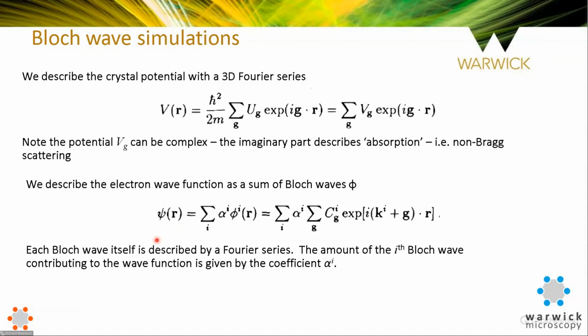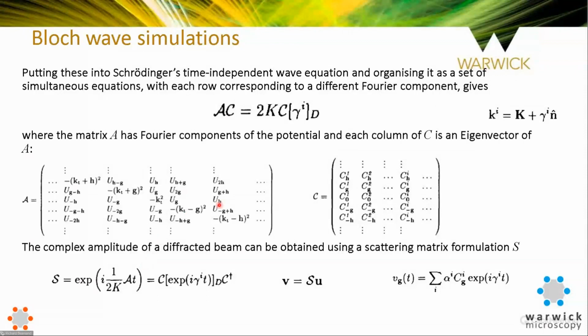It looks fairly complicated, and I suppose it is really complicated, in that you've got two infinite series that you're equating to each other. Once you've got into Schrodinger's equation, you can organize this as a set of simultaneous equations. Each row corresponds to a different G vector or Fourier component.